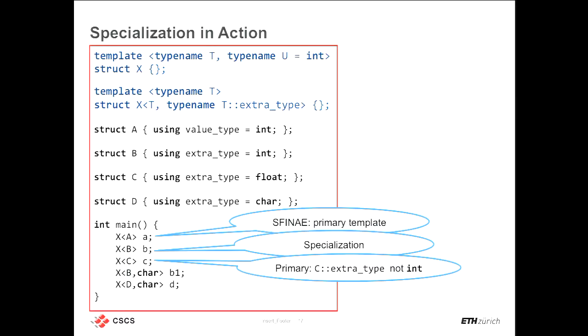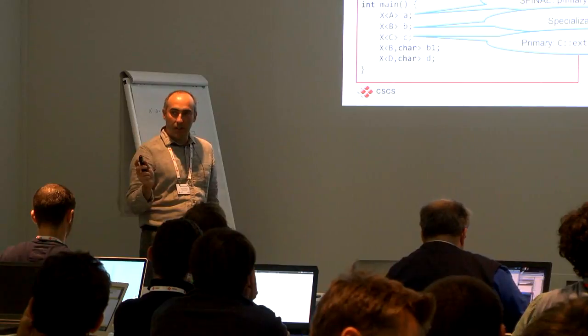Confusing there? It's not that confusing. You need to get used to it. Remember, when you look for the template, you look first for the primary template. Now I'm specifying C with a single template argument.